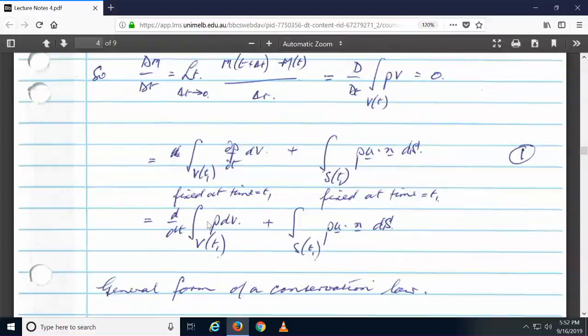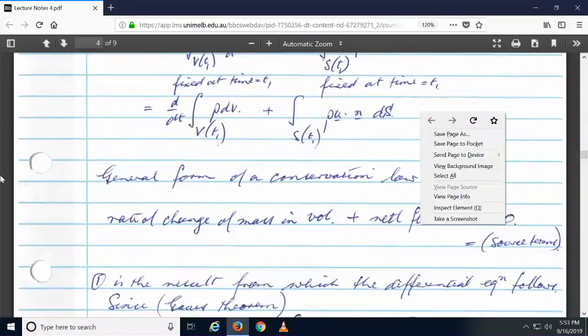If anybody asks you about the conservation of mass, you can say that it's expressed by this conservation law. The rate of change of something inside the volume plus the net flux out is 0. You absolutely must know that.